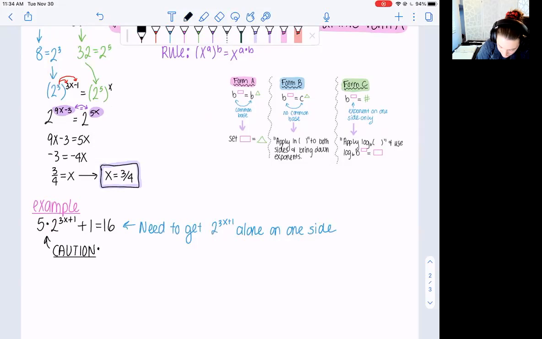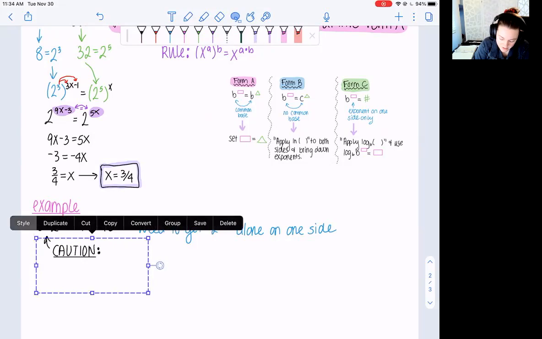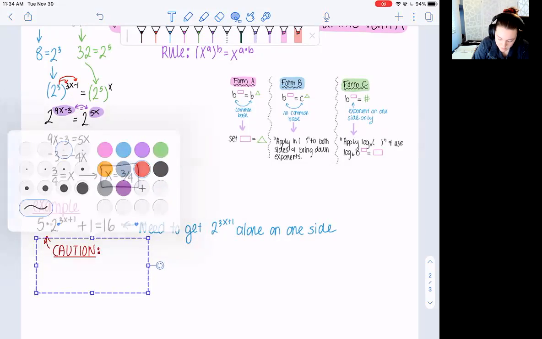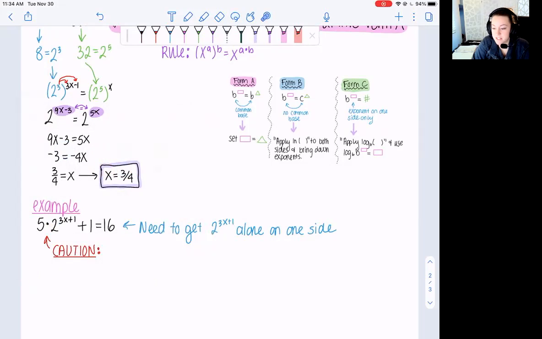You are going to feel very, very tempted. You do have one of these types of problems on your homework. You're going to be tempted to do 5 times 2 is 10. Don't do that.